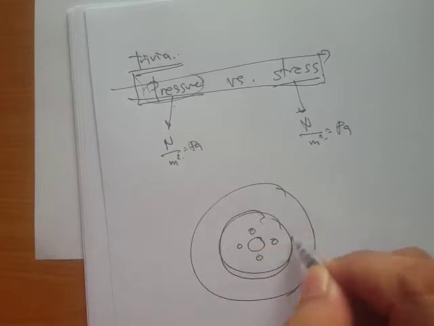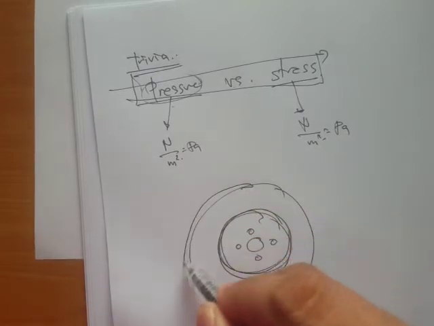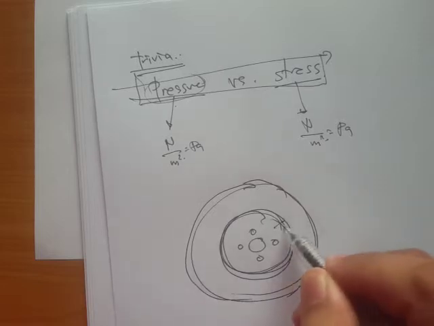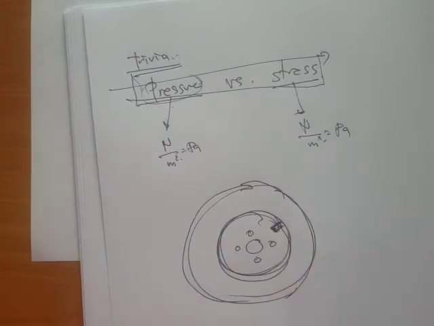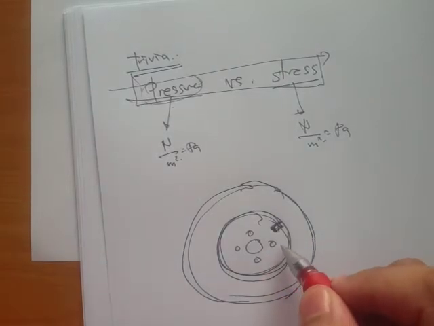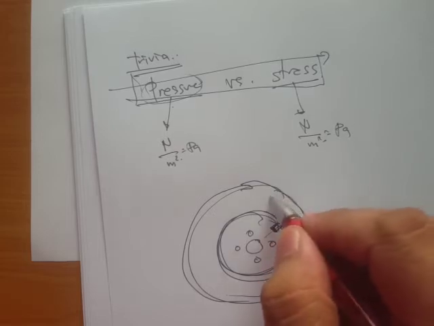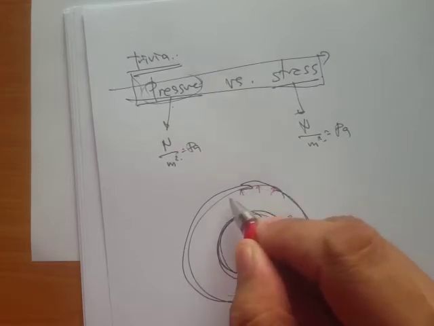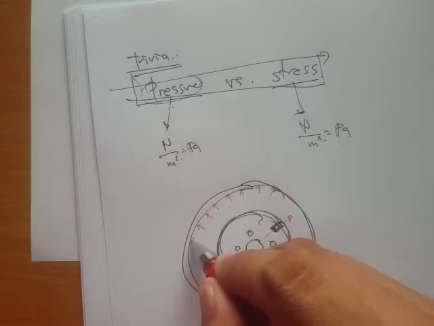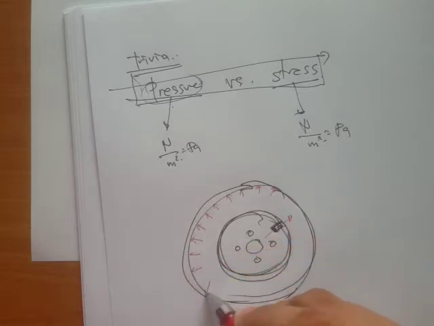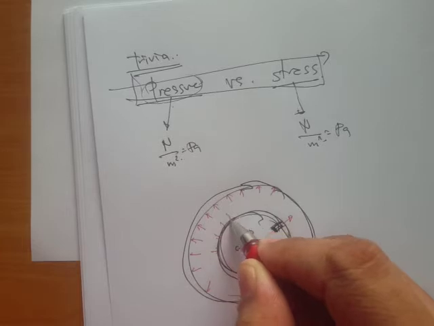Let's say this is a wheel, the rim of the wheel, and then this one is the rubber tire where you inflate it with air. As you introduce air here, there are going to be pressures, right? And we say that pressure is perpendicular to the area. Okay, so here as well, there's going to be pressure.